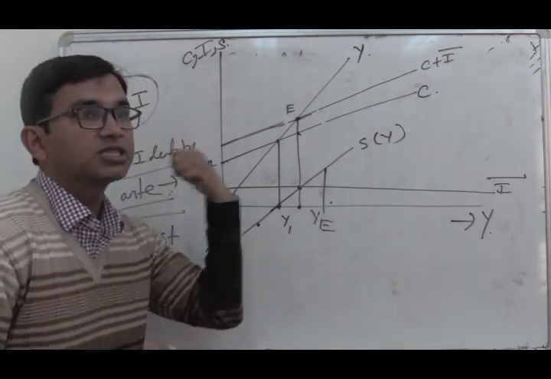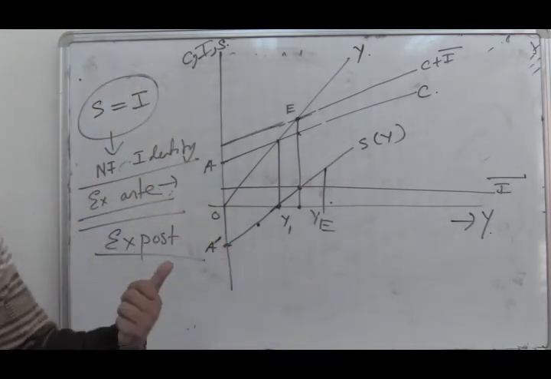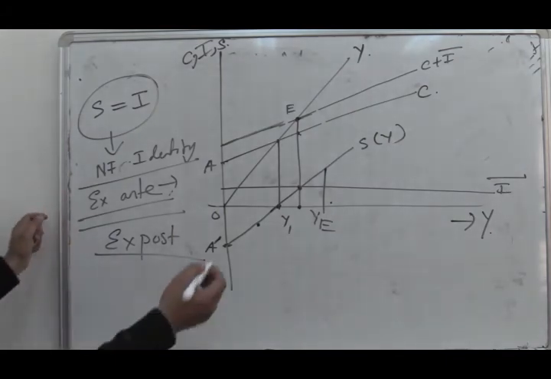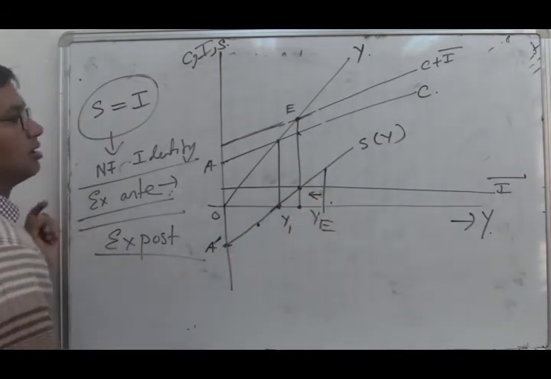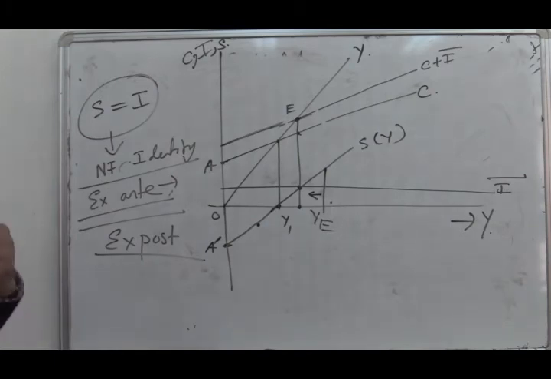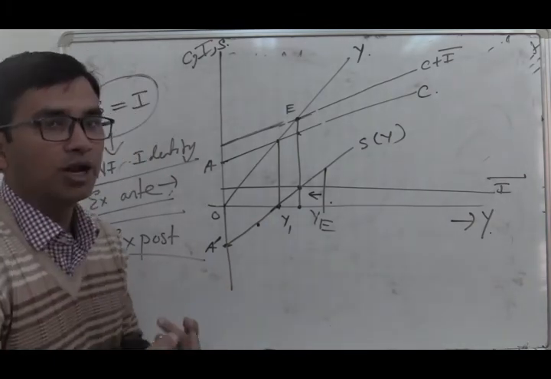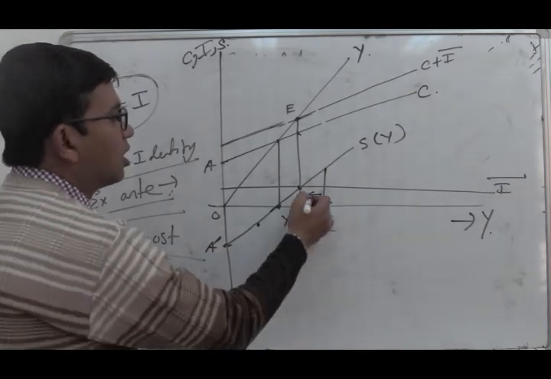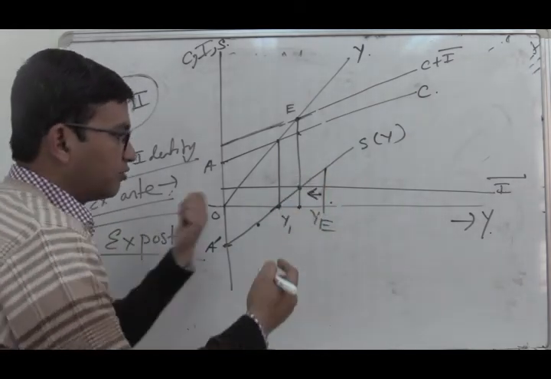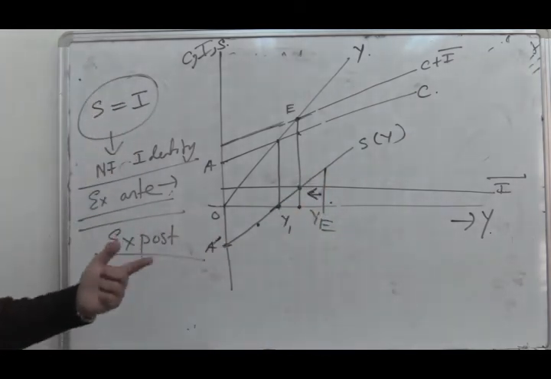Savings greater than investment means there are some unsold stocks. So the producers will start to accumulate inventories, and the output level Y will fall.